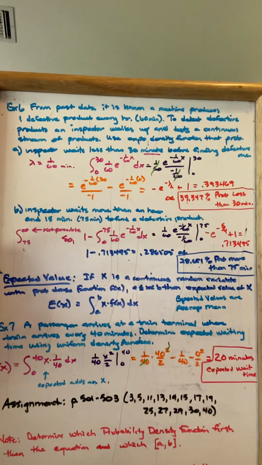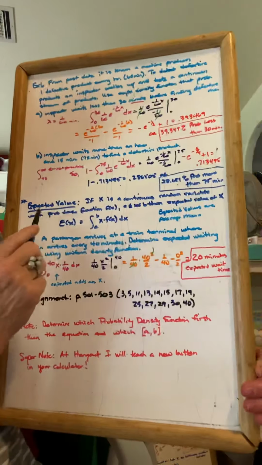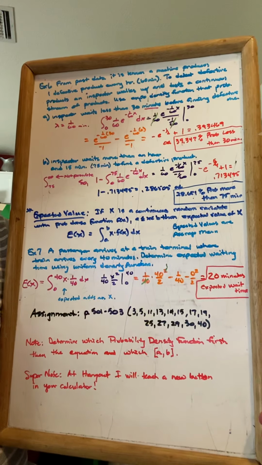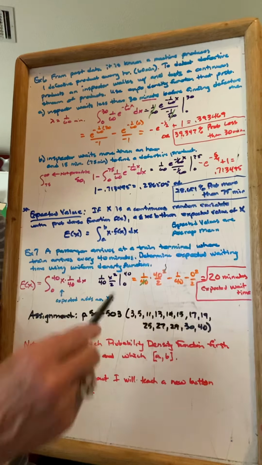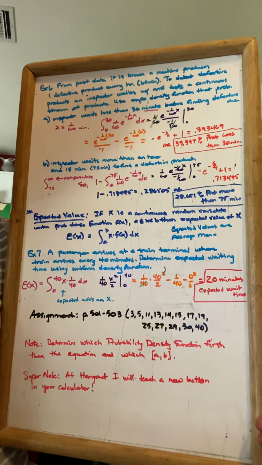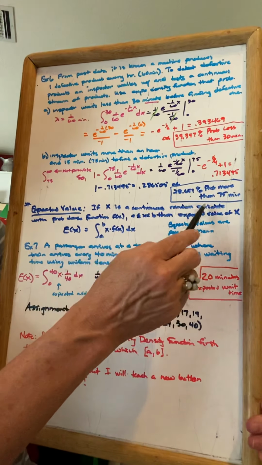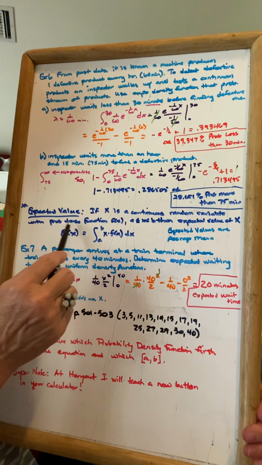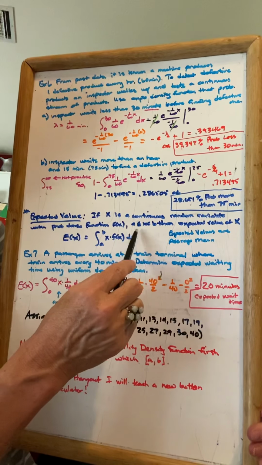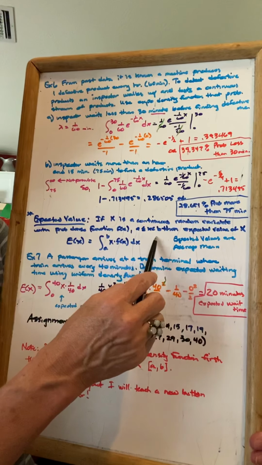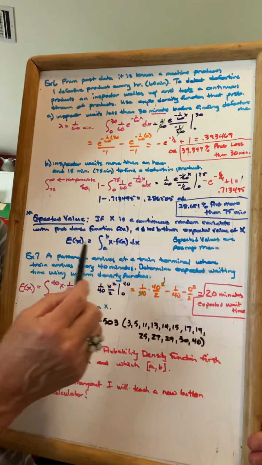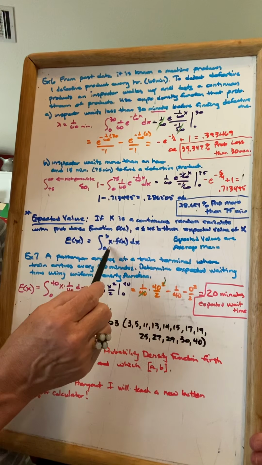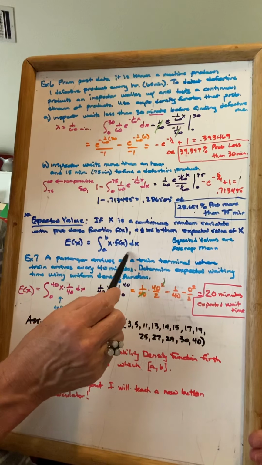All right, now we have one more type of problem. It's called expected value. So expected value, I consider one of the easiest ones. And when you're looking in the word problem, you're looking for the word expected. If x is a continuous random variable for the probability density function f of x, as a is less than or equal to x is less than or equal to b, then the expected value of x is E of x equals the integral from a to b of x times the function f of x dx.